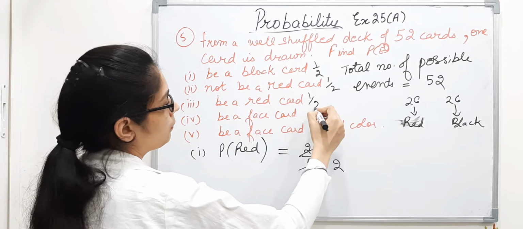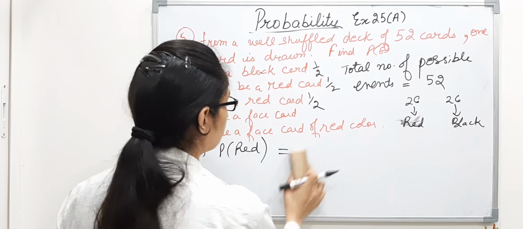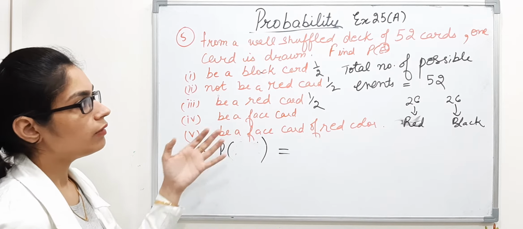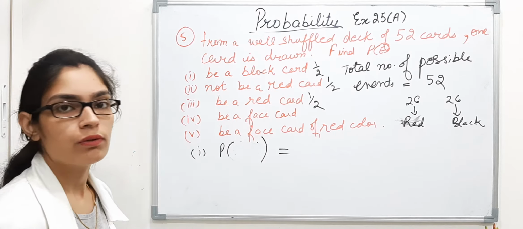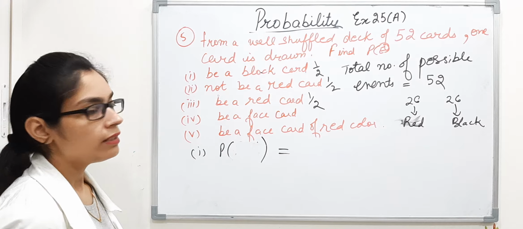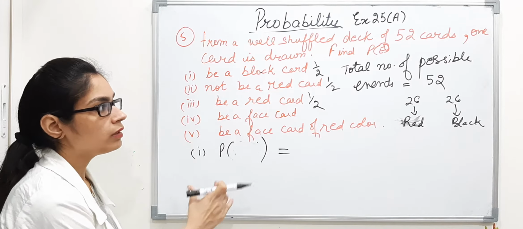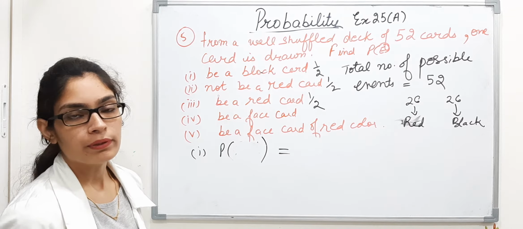So it will be 1 by 2. See, there are no calculations at all. Simple, everything is given, you just have to put down the values. And probability, if I say these are like free marks given to us, you just have to focus on the terms and on the numbers.